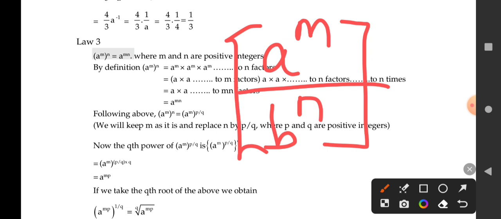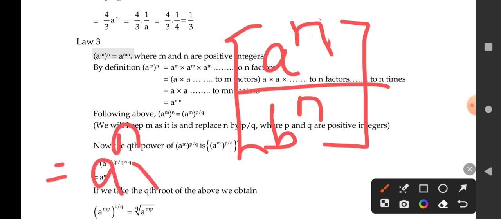Why? Since a power n divided by b power n equals a power n into b power minus n, and when we take it to the numerator, there is no simplification.